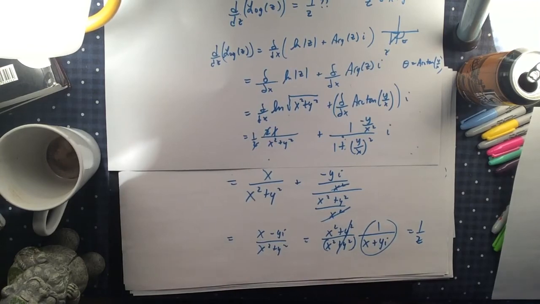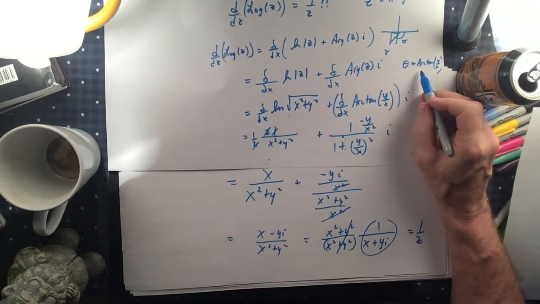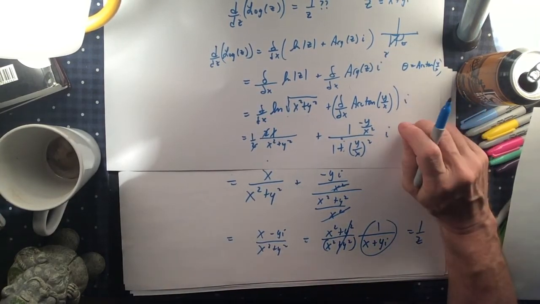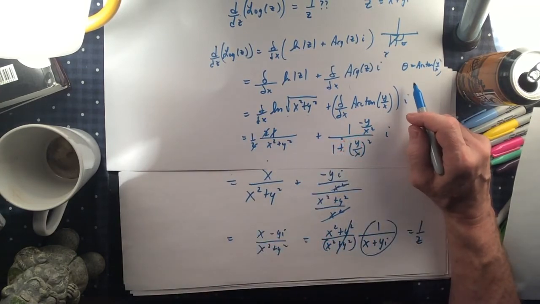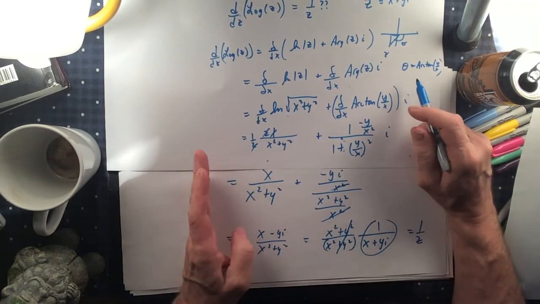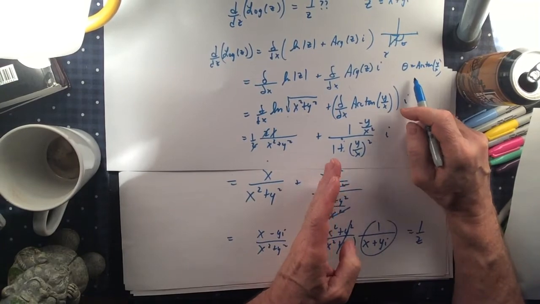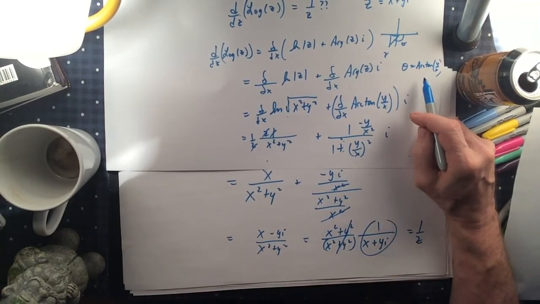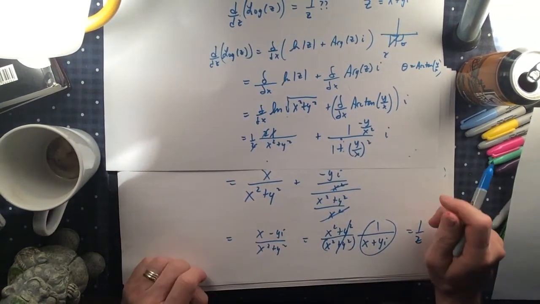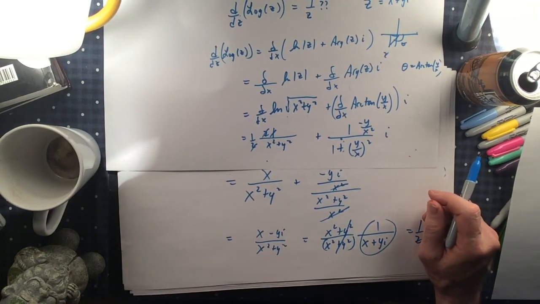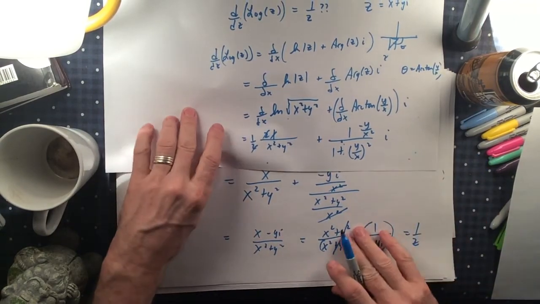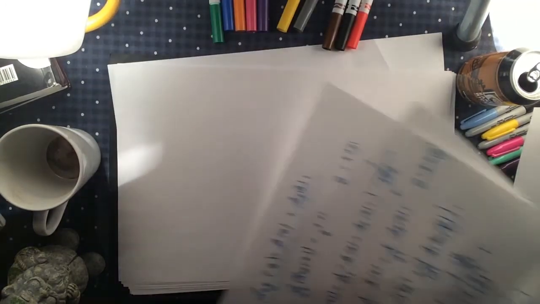Now, please notice, when I used arctangent, it is actually the inverse of the tangent function on the principal part from minus pi halves to pi halves, which means that it fits into the argument principle here just fine. All right, so its derivative is nice.